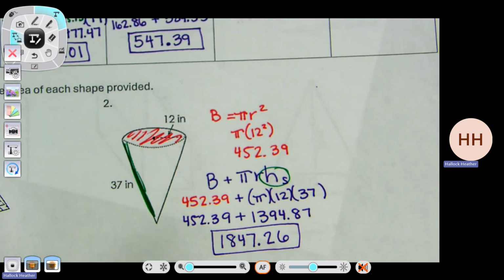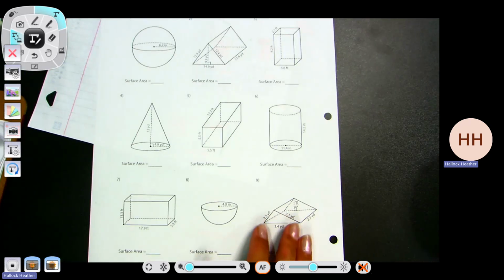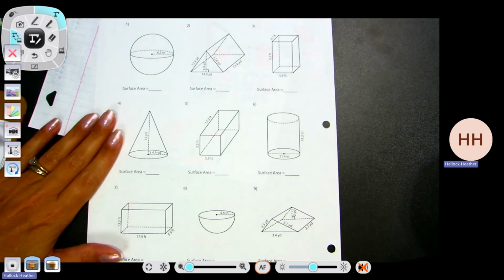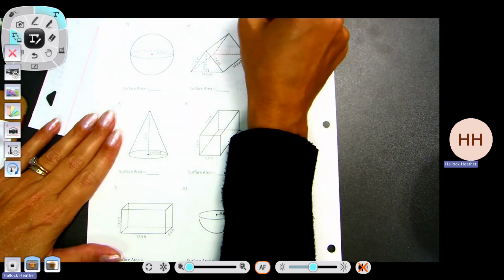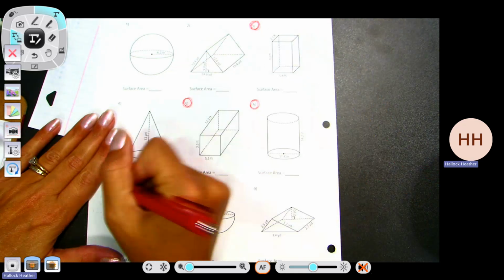On the back side, you have 4 problems that I want you to try today. We're going to do some tomorrow, so do not cross these out. You are doing number 3 because we did prisms. Number 5, 6, and 7.